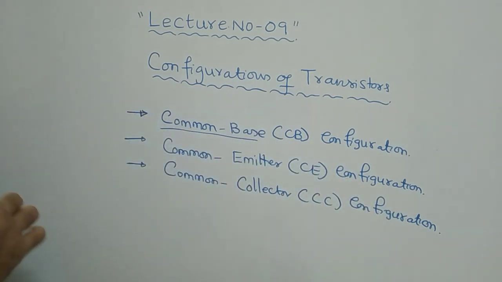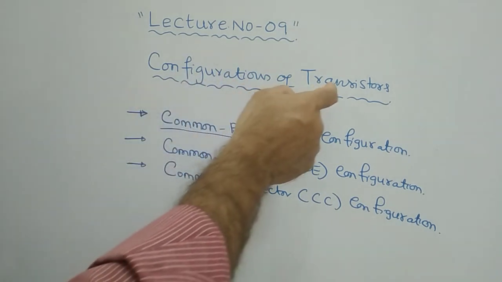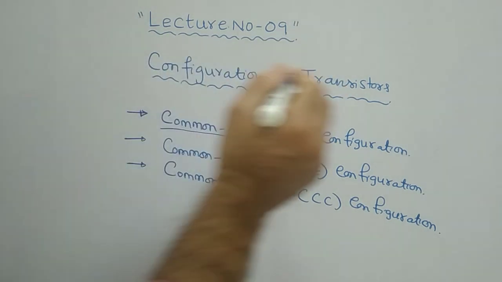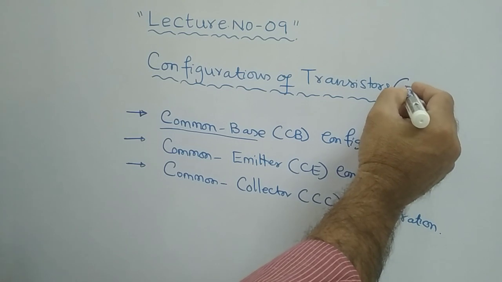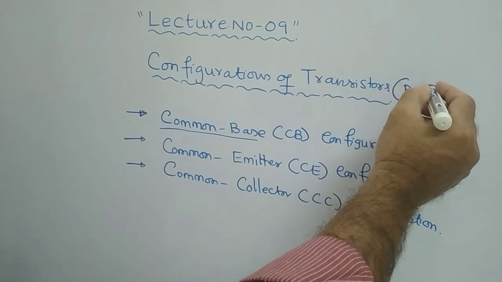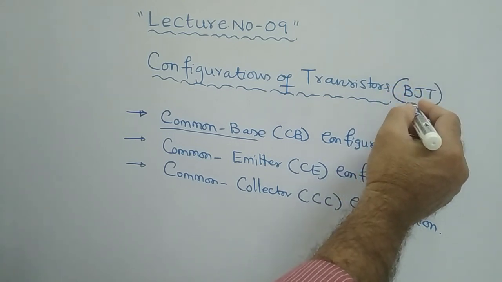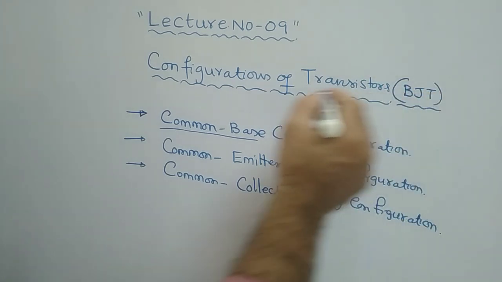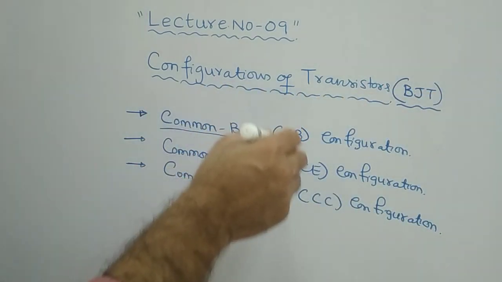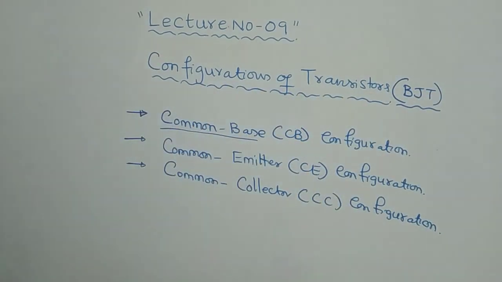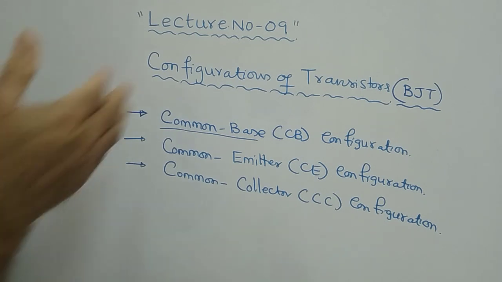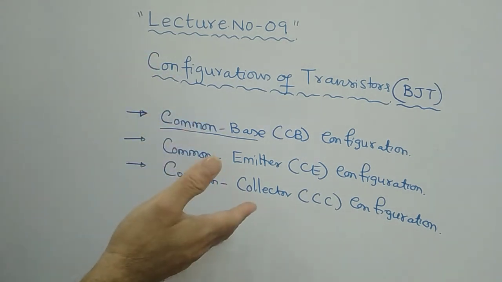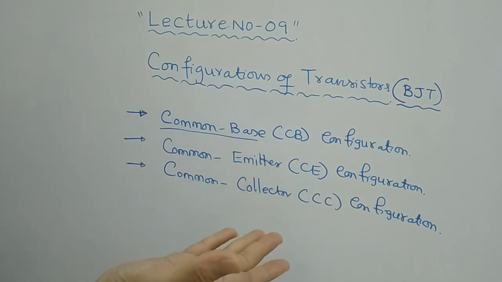So a transistor here is nothing but a BJT, bipolar junction transistor only. With respect to your BJT, we have common base, common emitter, common collector, right? One by one we will see what is a common base, what is a common emitter, what is a common collector.